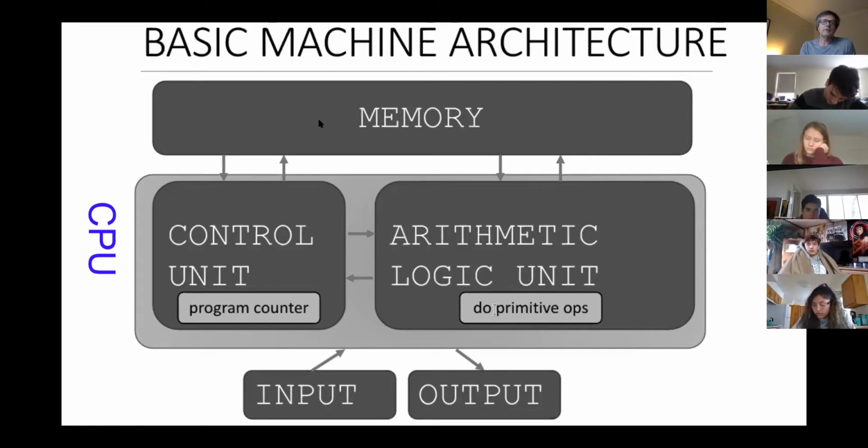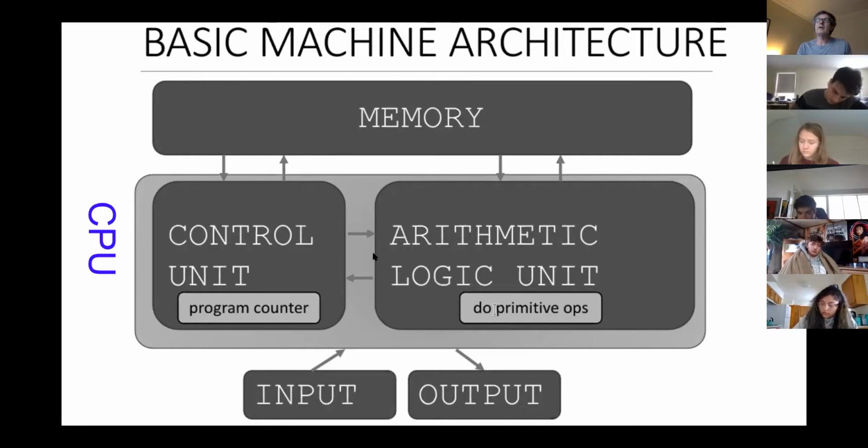The control unit pulls numbers, which are instructions, out of memory, and then it executes those instructions. Now, if those instructions are, for example, an add instruction or a multiply instruction or a divide instruction, it uses the arithmetic and logic unit to do the work that instruction does.